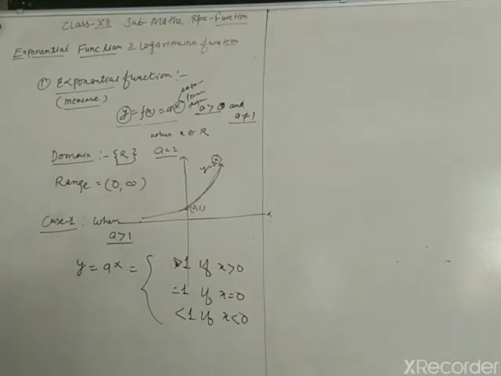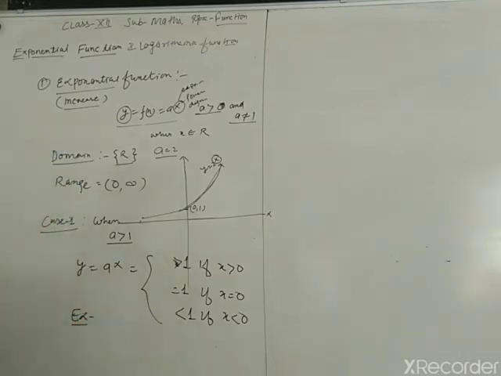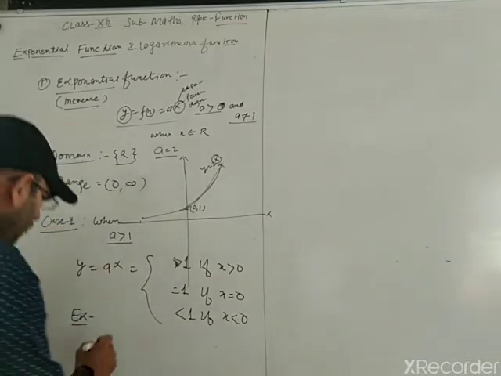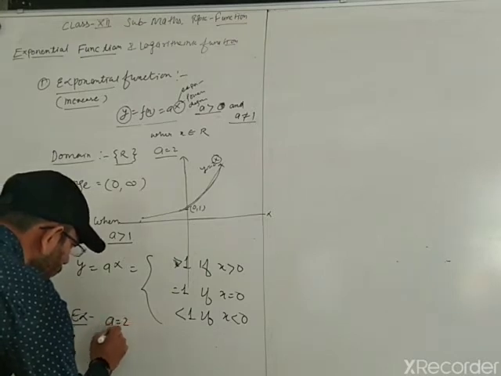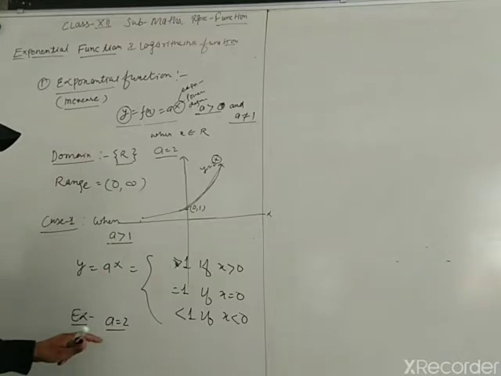Okay, we will understand it by an example. Let's look at that example. Suppose we are selecting a as 2, because the condition is a is greater than 1. Clear? Now what do we have to change? We have to change the value of x.